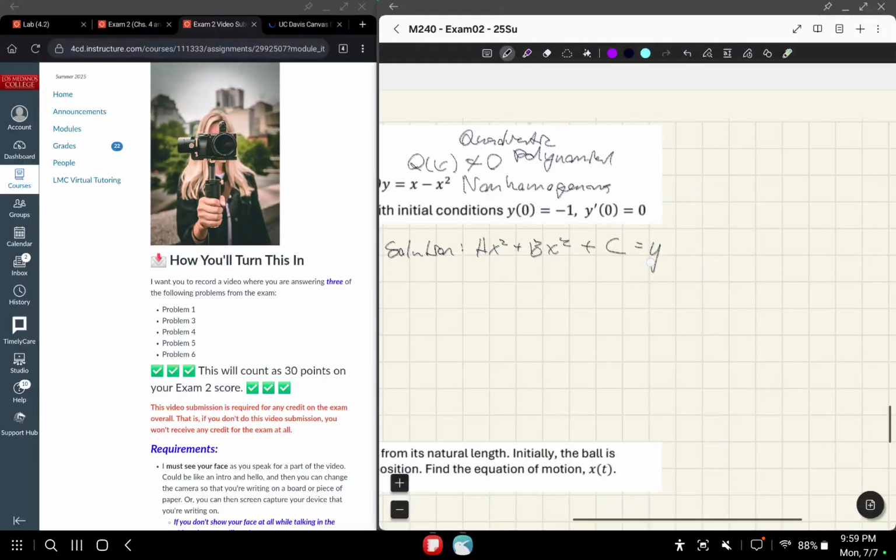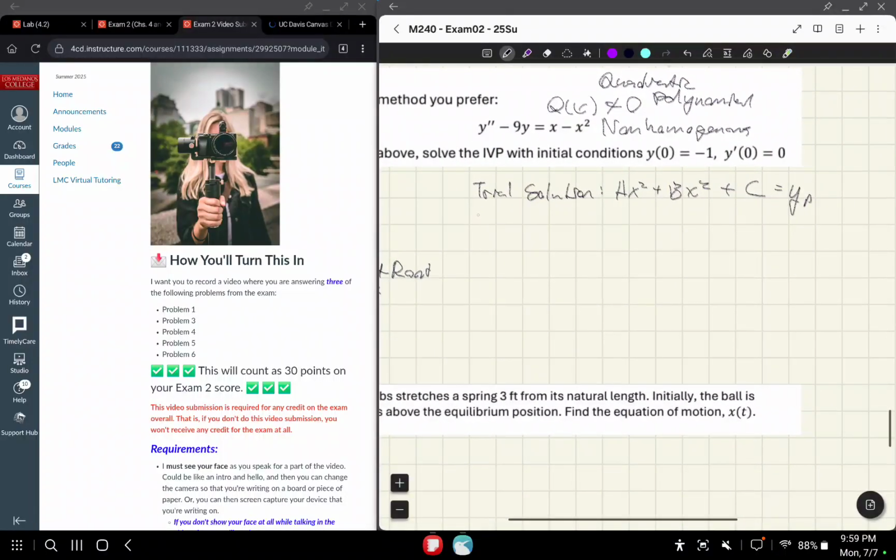Y sub p prime is equal to 2ax plus b plus 0. Y double prime equals 2a plus 0, and we take these and sub them back in.